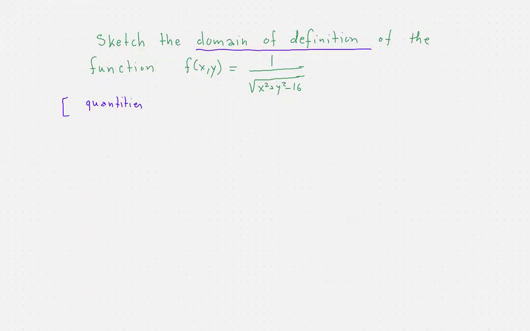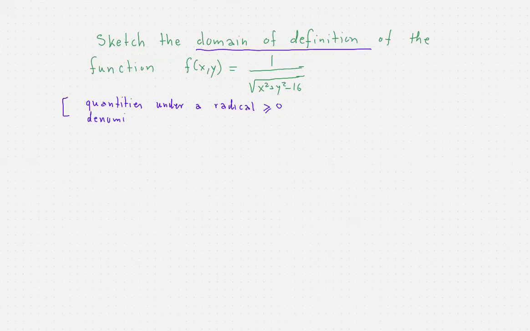So these are the general principles. Quantities under a radical should be greater than or equal to 0. Denominators should be different from 0.